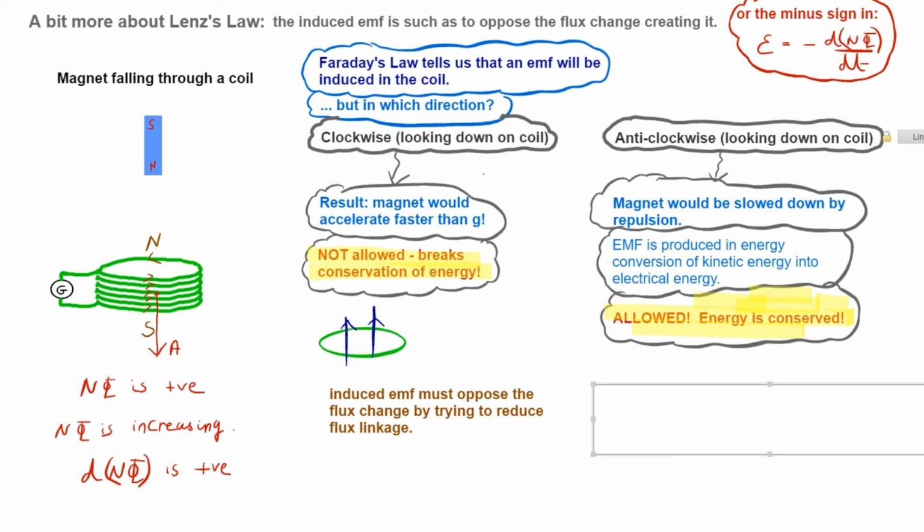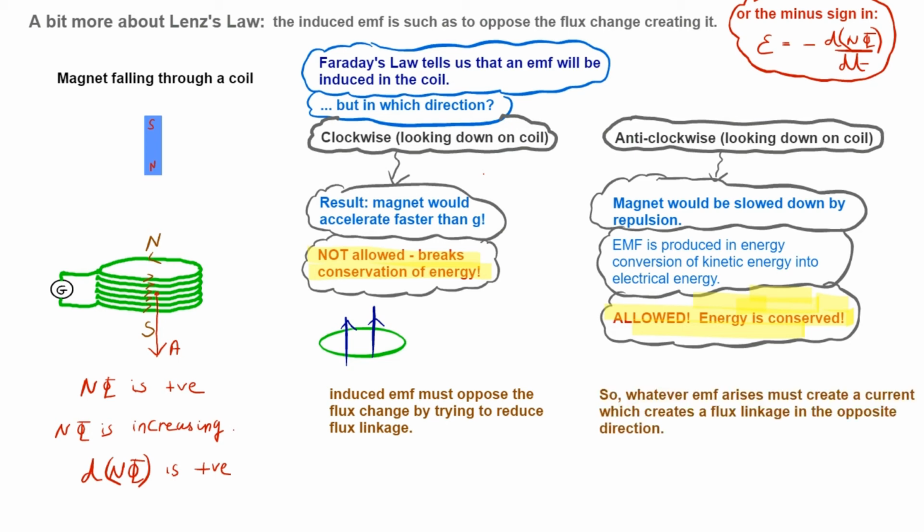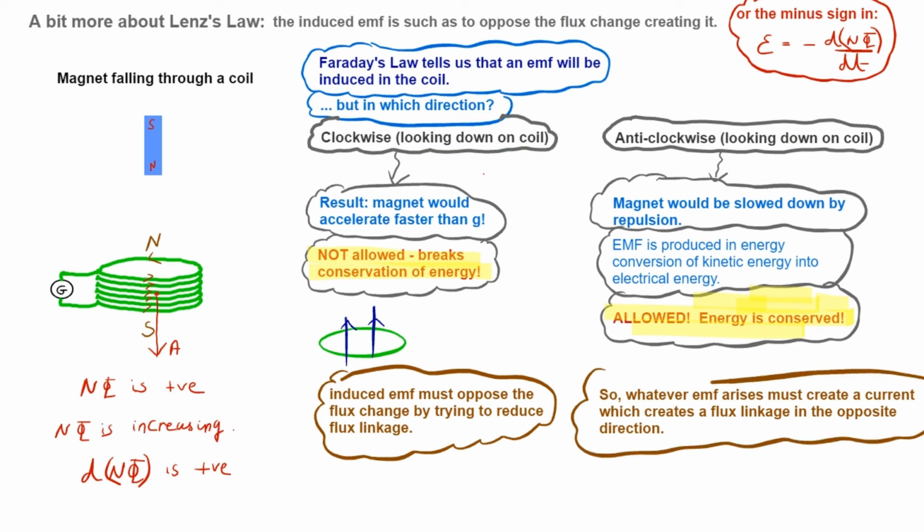In other words, whatever EMF arises must create a current which creates a flux linkage in the opposite direction, and that will partially cancel out the growing flux linkage. It's going to try and stop that happening. And so that's why it has to be a minus.